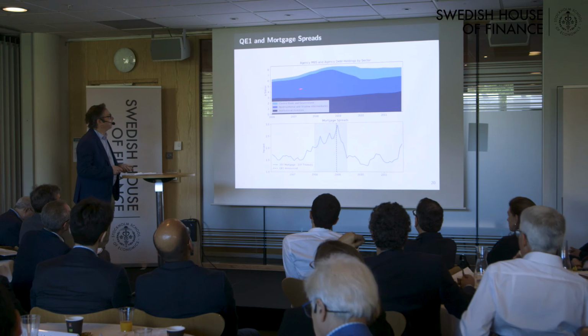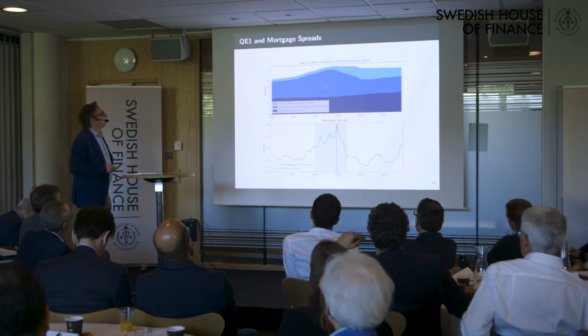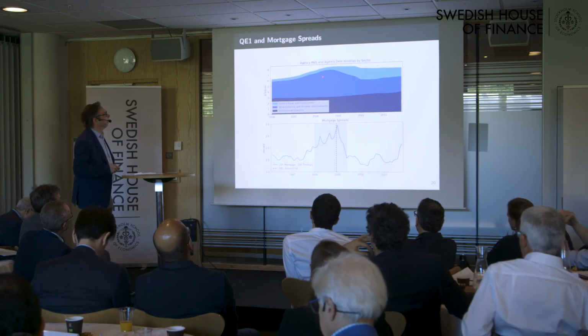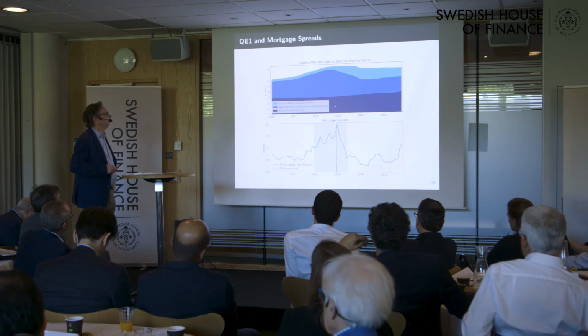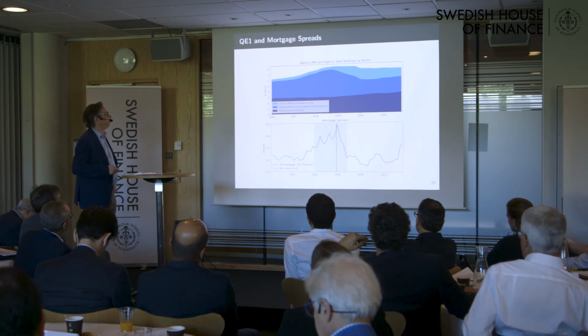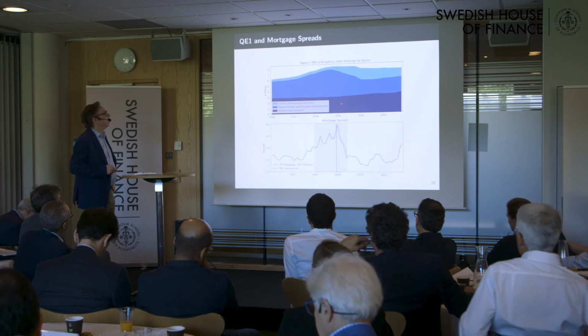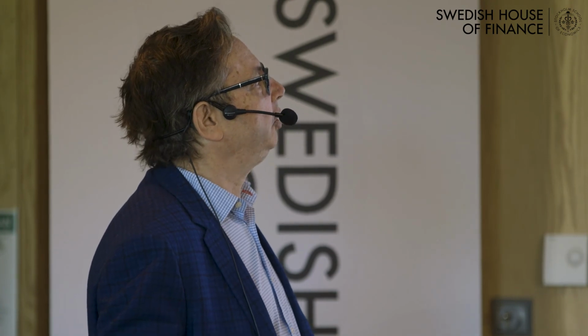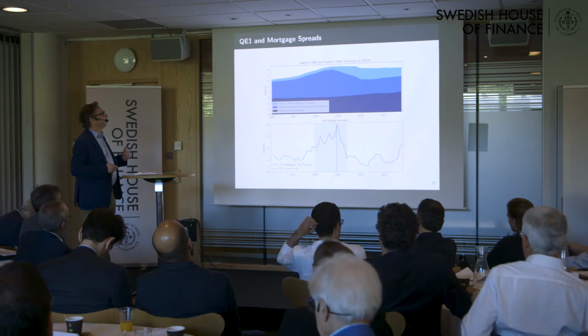And I have a picture of this. The top panel is the holdings of agency mortgage-backed securities by three sectors. One is the institutional investors, commercial banks, pension funds, and so on. The middle blue is the shadow banks, and the shadow banks were growing and increasing their holding of MBS.